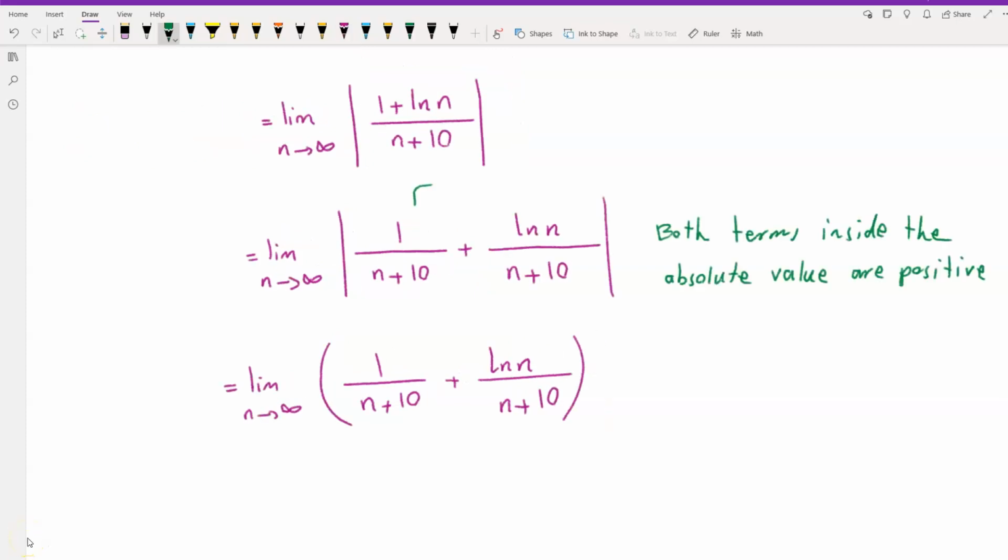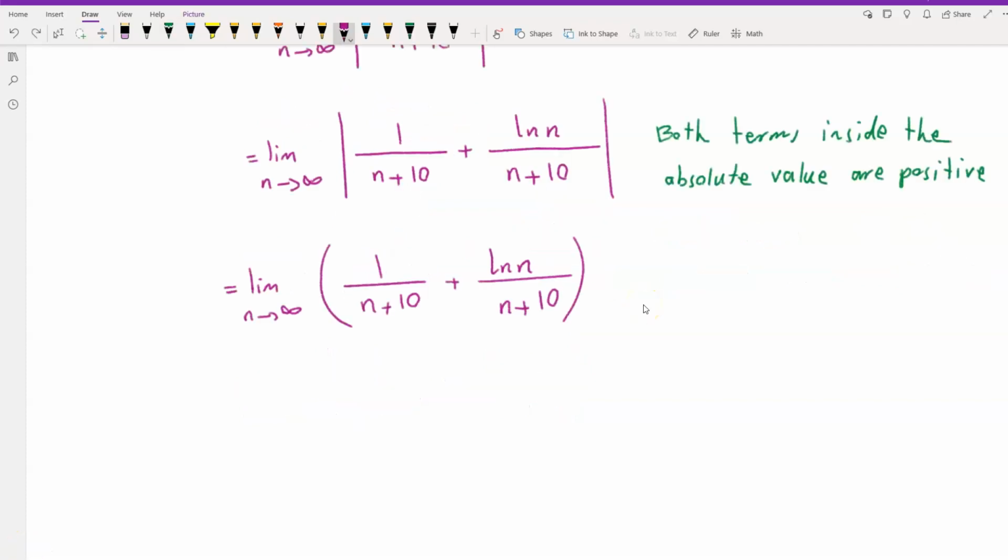Both terms inside the absolute value are positive. This means that this is equal to limit of 1 over n plus 10 plus natural log over n plus 10. So here on this part, I didn't use absolute value because these two terms are positive. So absolute value of these two terms is equal to what we have here on this part. And that is equal to, so limit of, I'm rewriting that part without using parentheses.